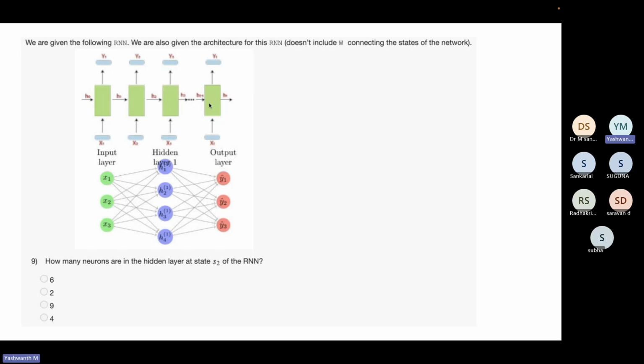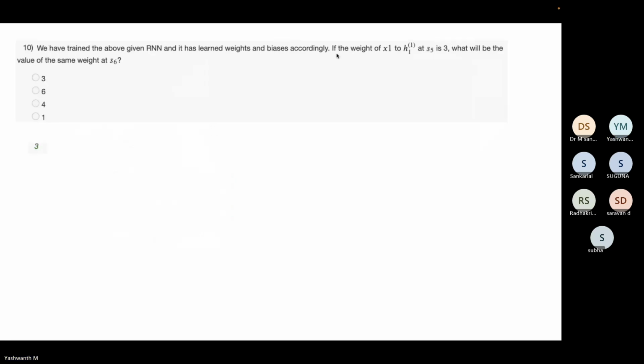What is the weight at step 6? It will be the same because the weights at each time step are the same weights, right?